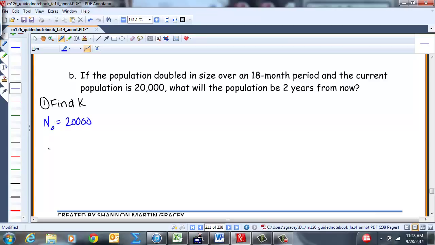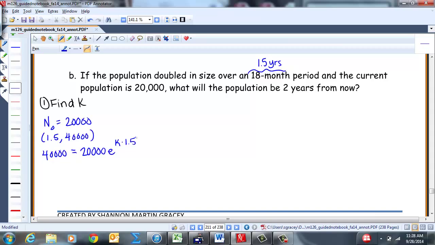So we have basically an ordered pair, and we have to get it in years, so we'll have an ordered pair of 1.5 comma 2 times 20,000, which is 40,000. So let's do it. We'll have 40,000 is equal to 20,000 times e raised to the k times 1.5.